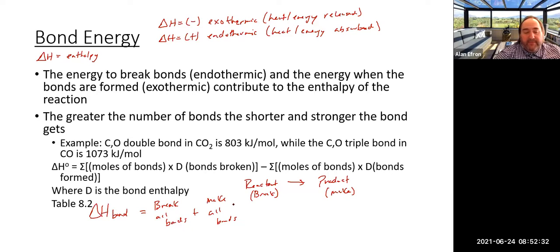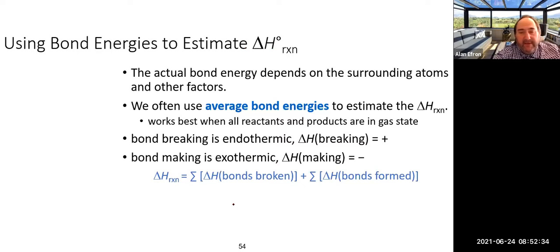Is this reaction basically going to give off energy as a result, or is it going to absorb energy? So let's take a look at how we could go through this process and how we could calculate this.